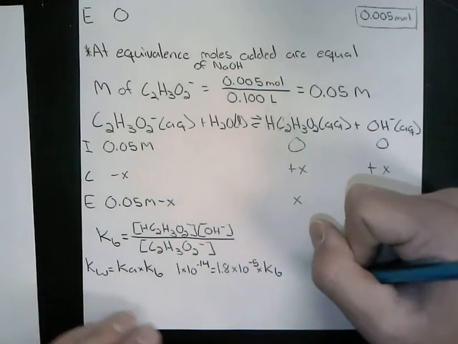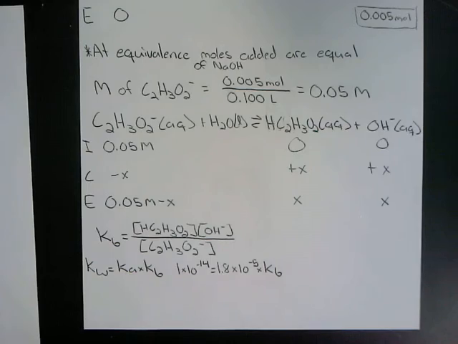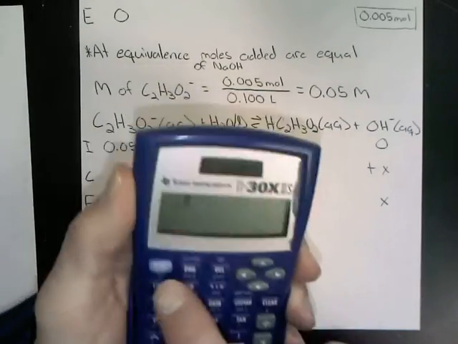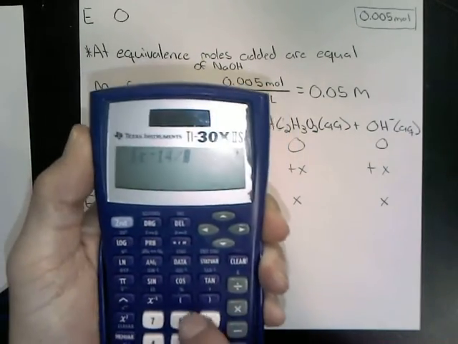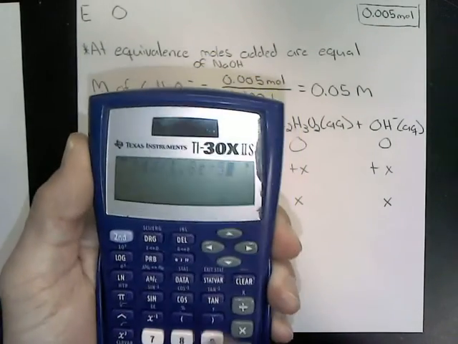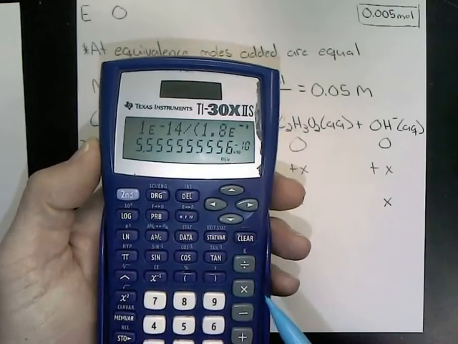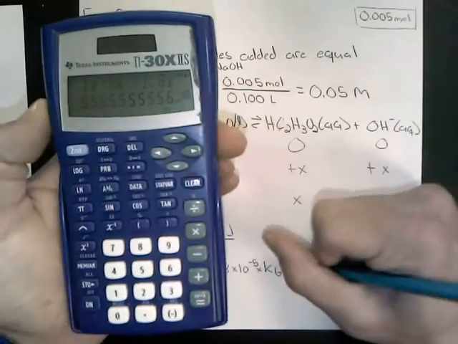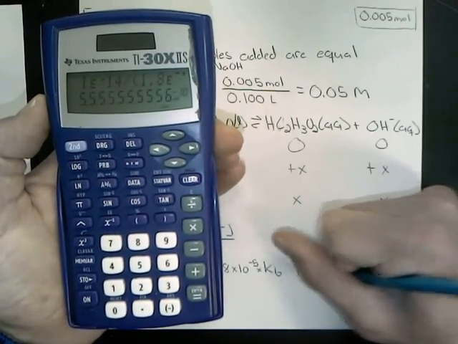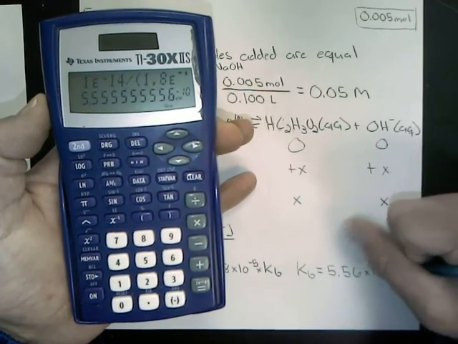So your Kb value would just simply be 1 times 10 to the negative 14th divided by 1.8 times 10 to the negative fifth. And we get a value here. I'm going to round to three significant digits. Our Kb would be 5.56 times 10 to the negative 10th.